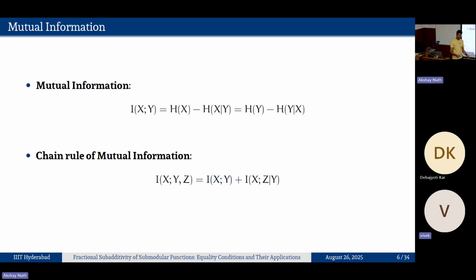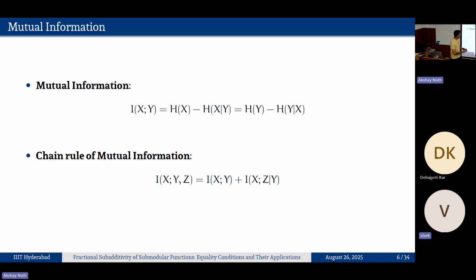If they are dependent, say y completely describes x, then there is no uncertainty here, this is 0, and this is h of x itself. So this measures the amount of dependence between these two variables. It's highest when they're dependent, lowest when they are independent.